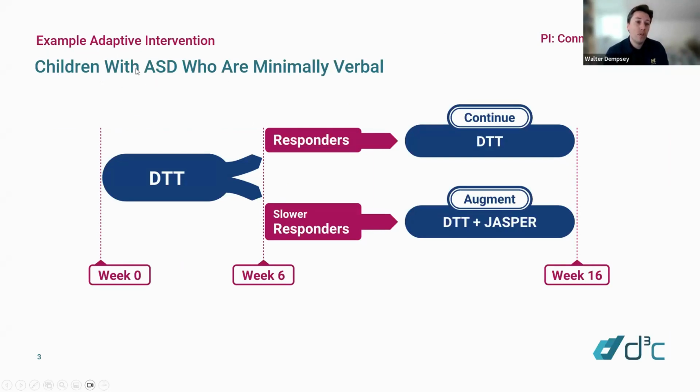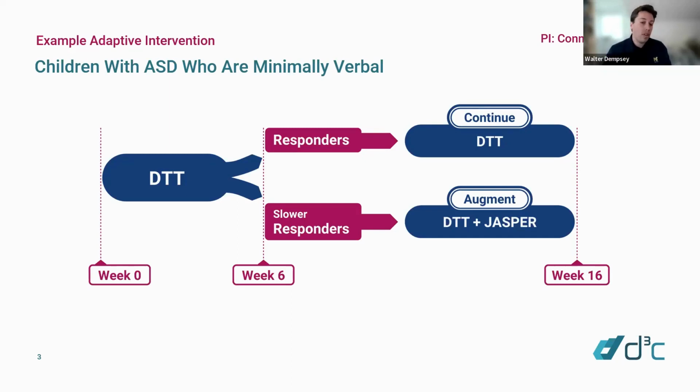This is children with autism who are minimally verbal, and this is a particular adaptive intervention you could build in that population, in which you start with discrete trial training, DTT. It's an adult-led, highly structured behavioral teaching approach. So this is one AI. You could start with DTT.